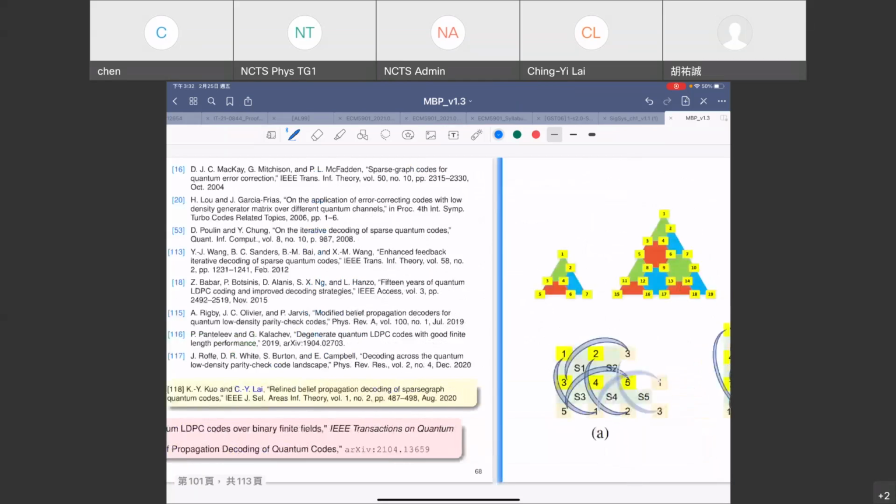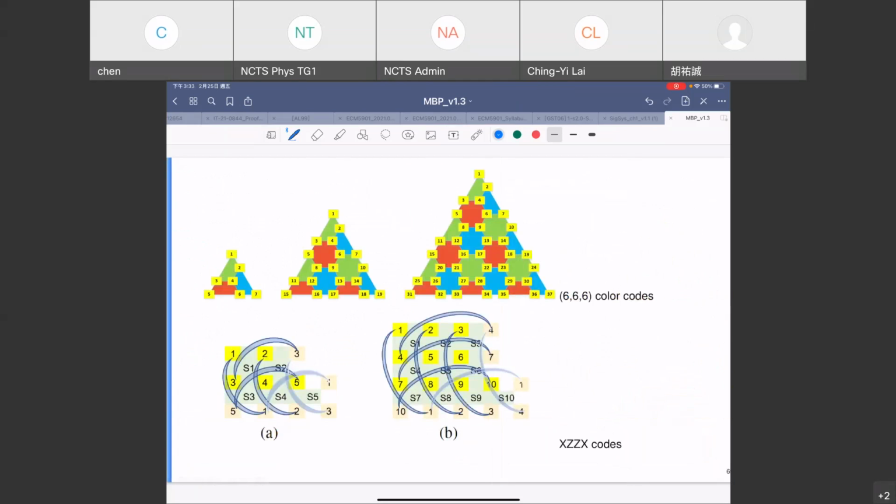So we can apply our algorithm to these color codes or these so-called XZZX codes. These codes are very similar to the surface code or the toric codes. However, we have some twisted boundary. So 1, 2, 3, 4, 5.